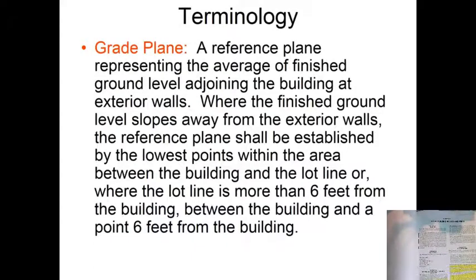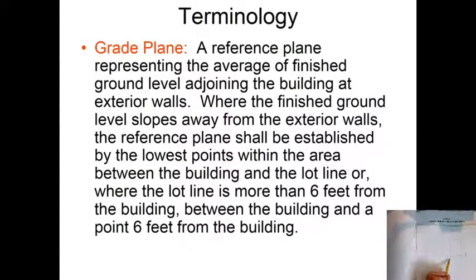Grade plane. Grade plane is a reference plane representing the average of finished ground level adjoining the building at the exterior walls, where we have finished ground levels that slope away from the building. So sometimes we may end up having something away from it to be able to have all of this at grade plane, even though the ground around this perimeter slopes.